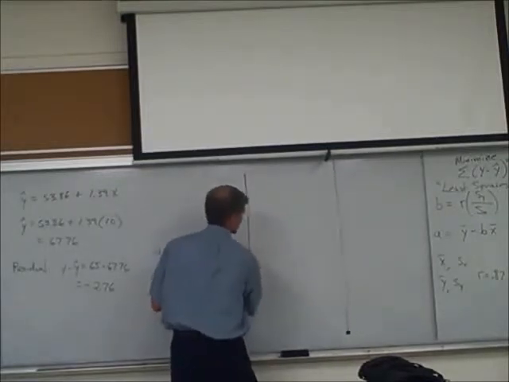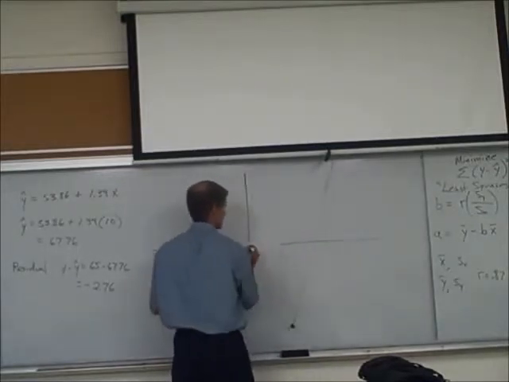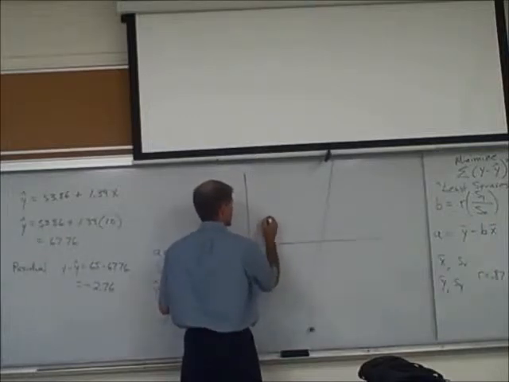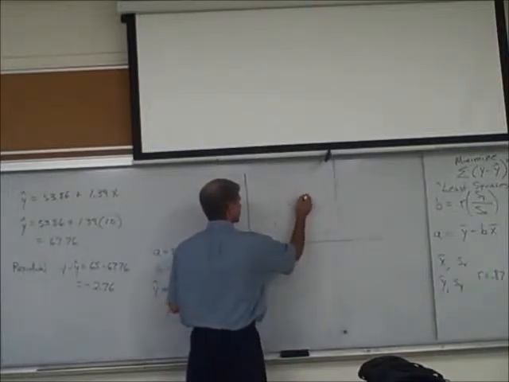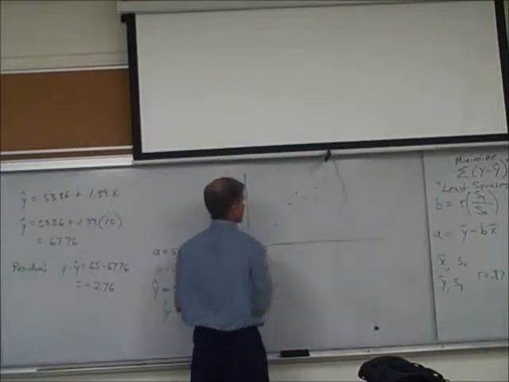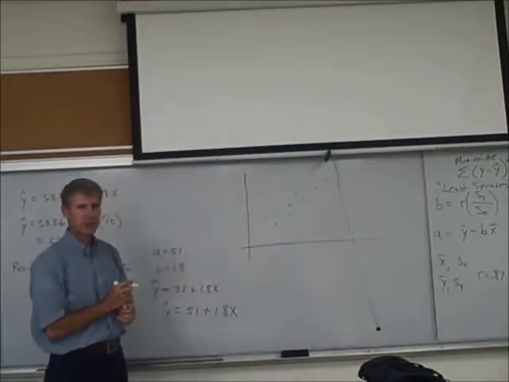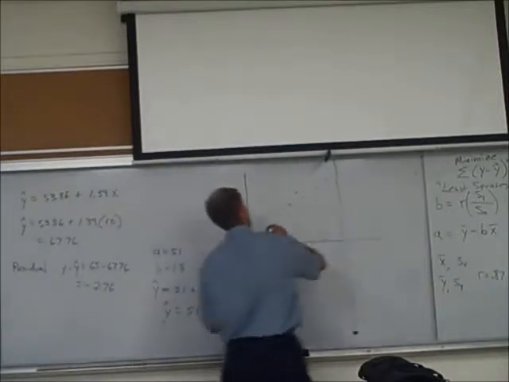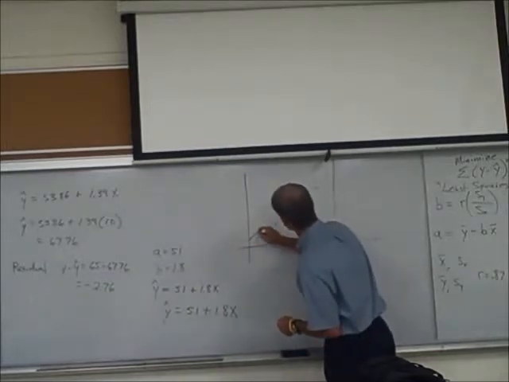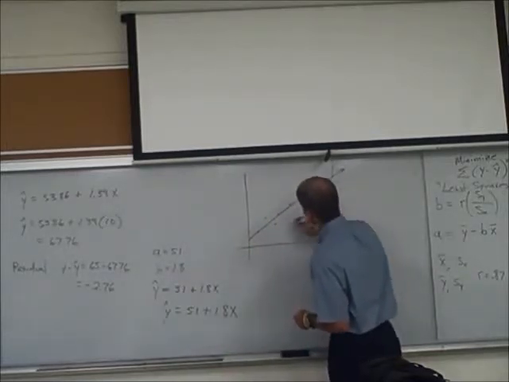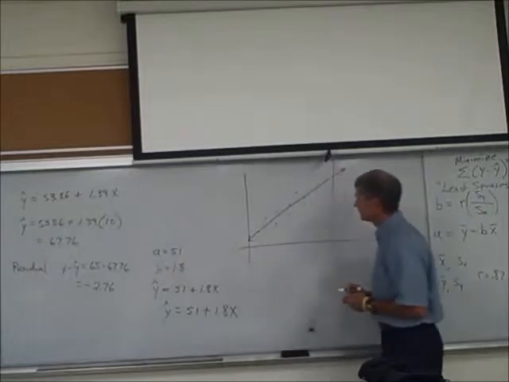Suppose I have a regression line through those points. Right? So my line of best fit looks like about there.